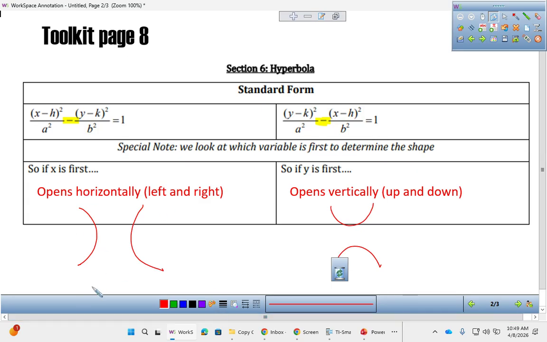So if X is first, it opens side to side. And if Y is first, it opens up and down.